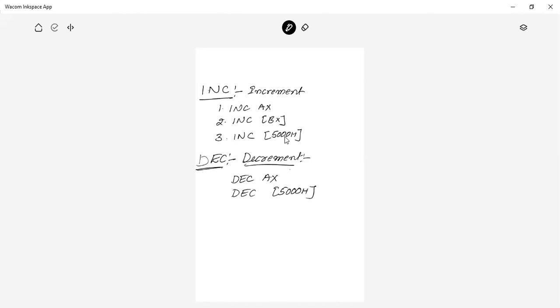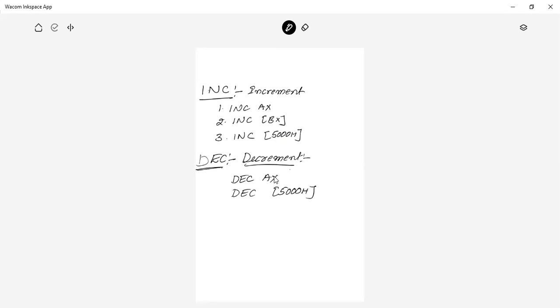Here, the content available in the 5000 memory location will be increased by 1. There is an instruction specification. So you can see that in different ways we can perform the increment operation, a single-time increment, right? Only one time increment.